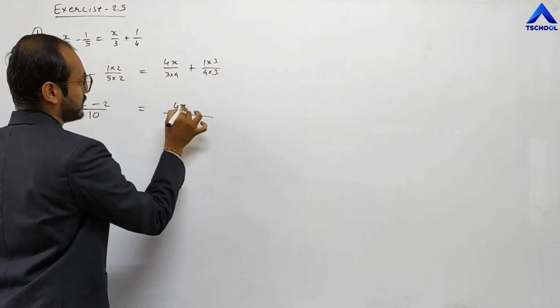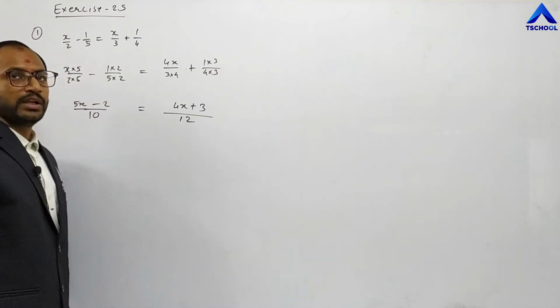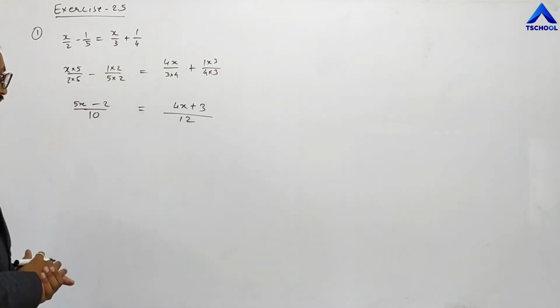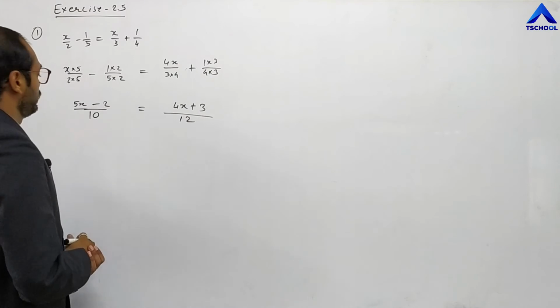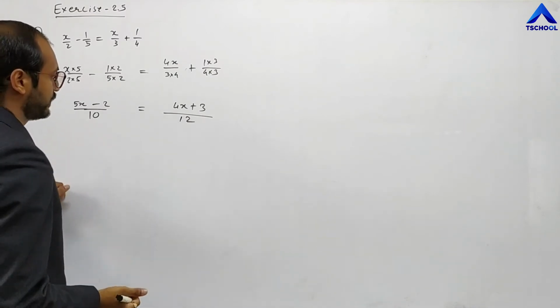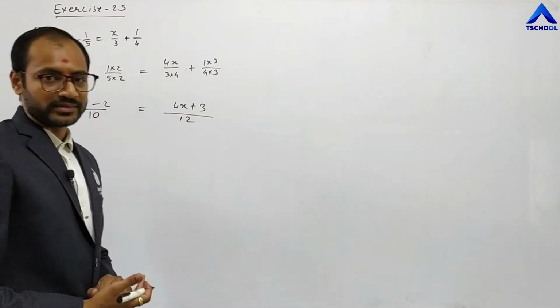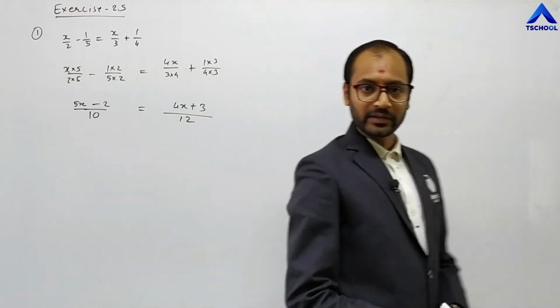Here is 4x plus 3 ones are 3. Now, how can we simplify these two expressions? So first of all, we have to remove these denominators. Here, we have to remove that denominator.